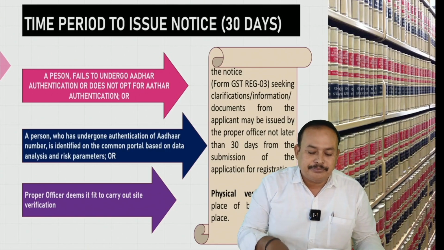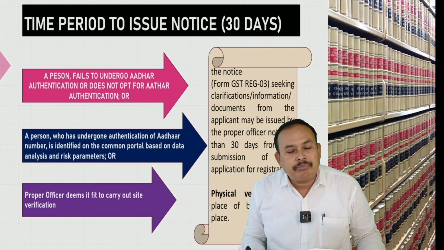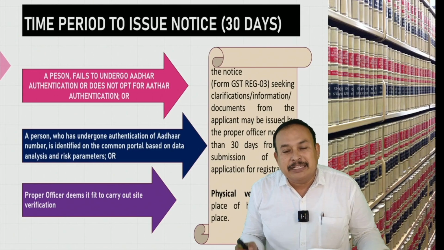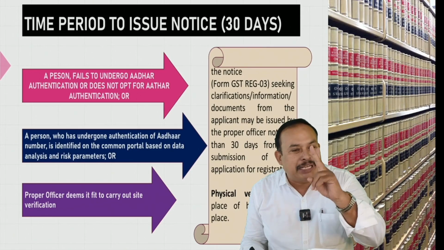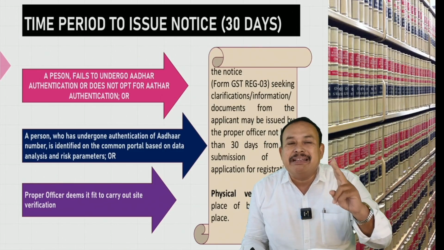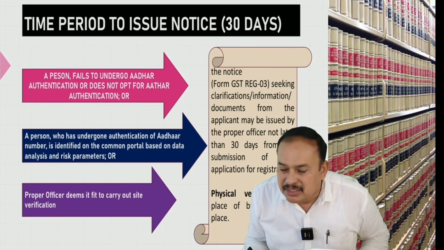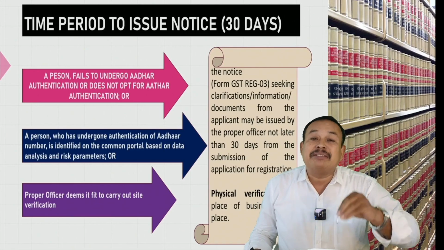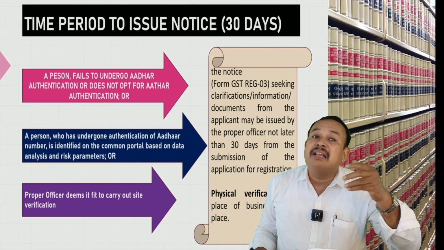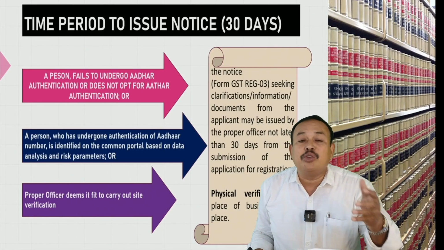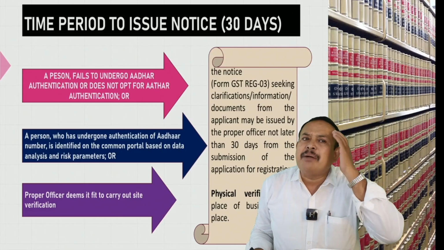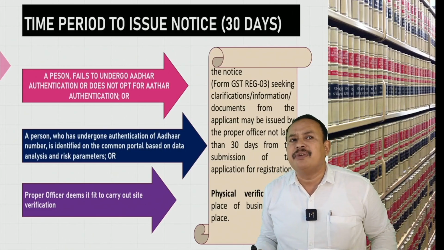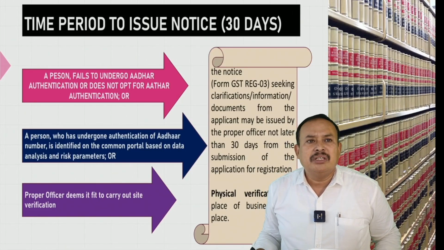Further. Finally, I said two cases. One, authentication of Aadhaar has not taken place. Second, authentication of Aadhaar has taken place, but the system shows a highly risky person. Then you have to go for physical verification. Sometimes the department officer himself gets a doubt.